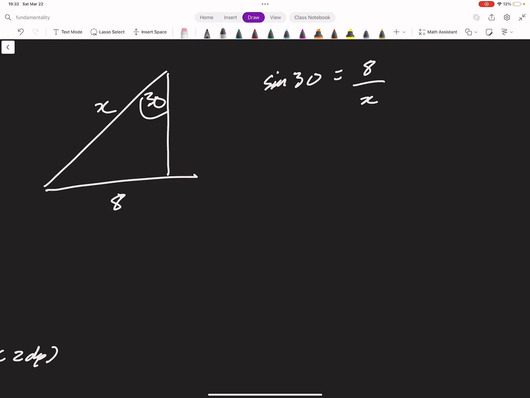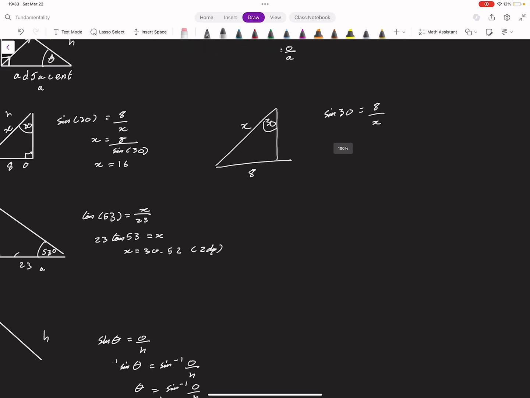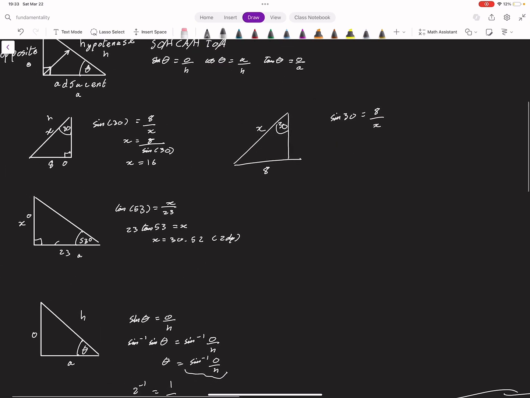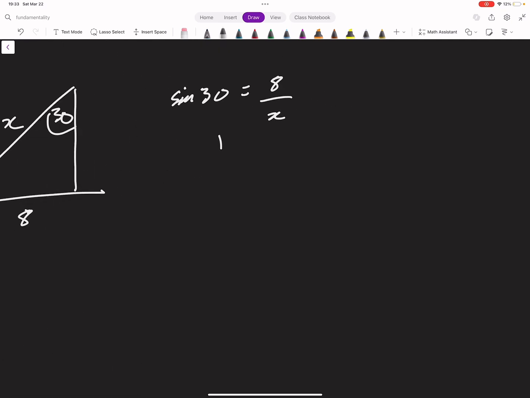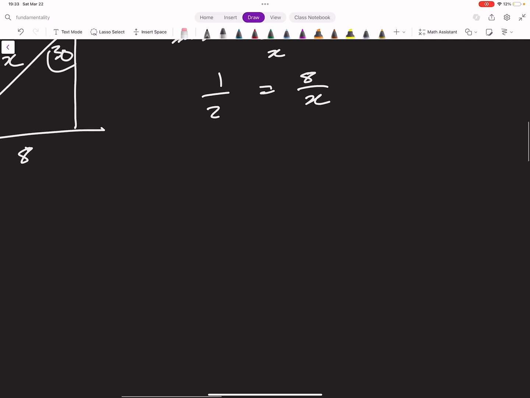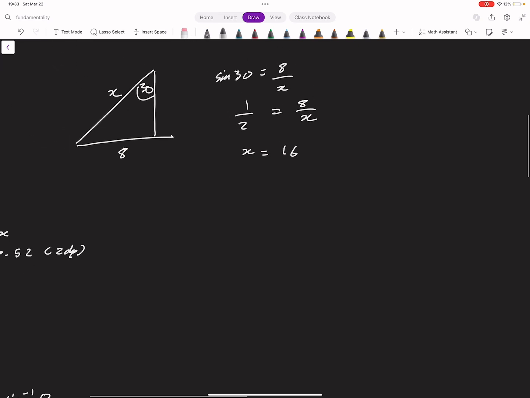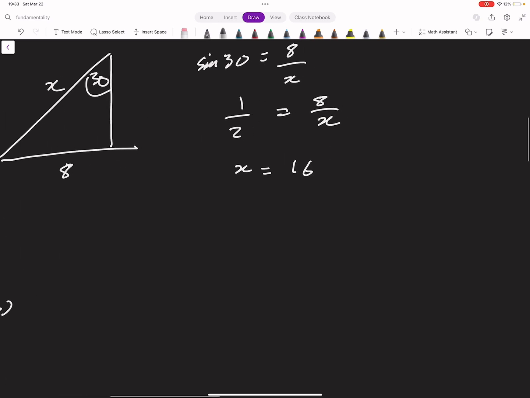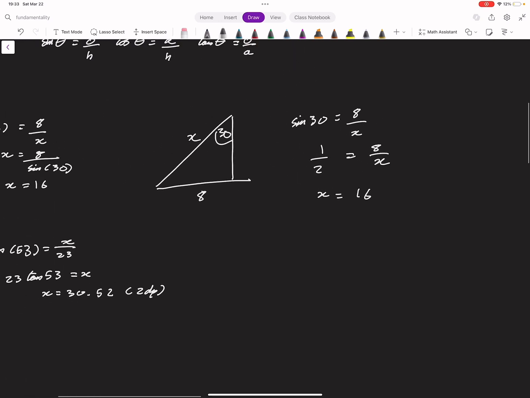Okay. Half equals 8 over x. X equals 16. That's just rearranging, dividing by 2, times by 2, times by x. That's just how you do that. So that could come up in a non-calc.